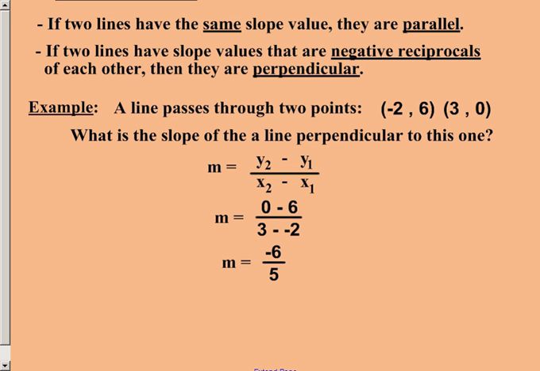So any line that is parallel to these two is going to have a slope of negative 6/5. But the question was, what is the slope of a line perpendicular to this one? Perpendicular means negative reciprocals. The negative reciprocal of negative 6/5 is positive 5/6. So that's going to be our answer.